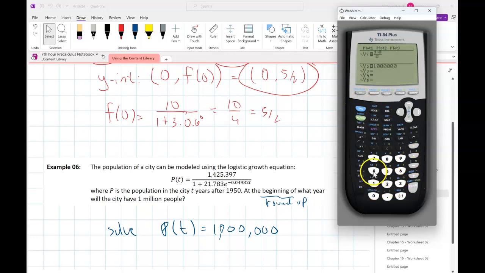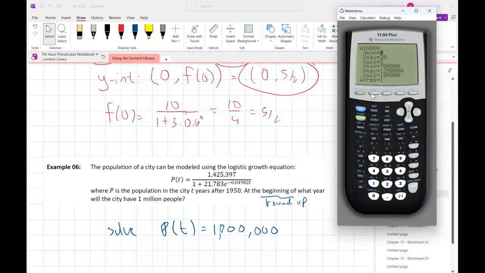So in Y1, I'm going to put in the logistic function I was given. In Y2, I'm still going to type in the 1 million.